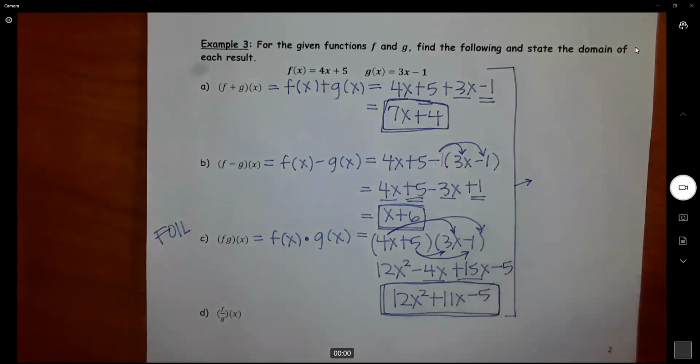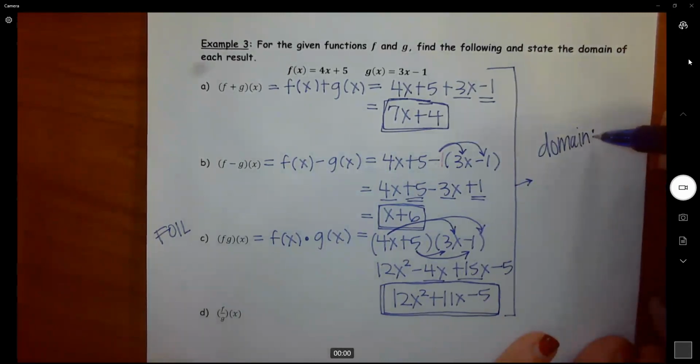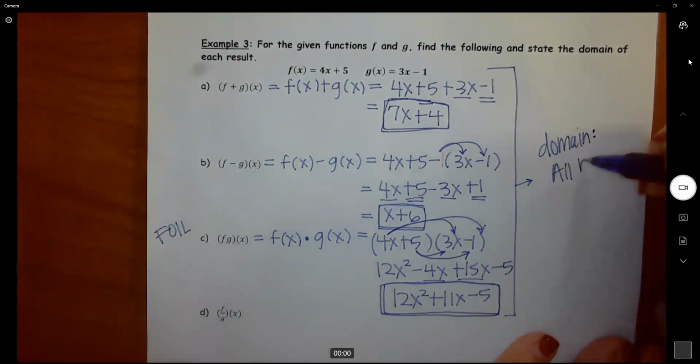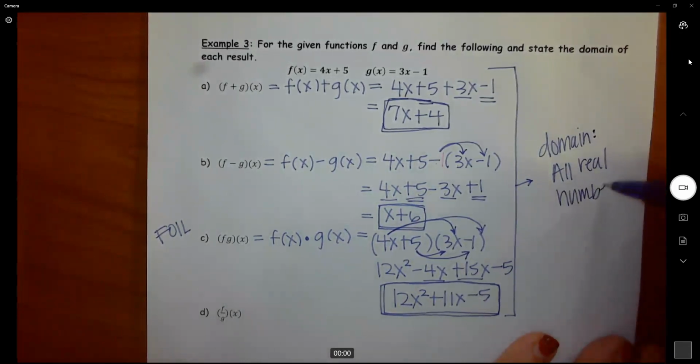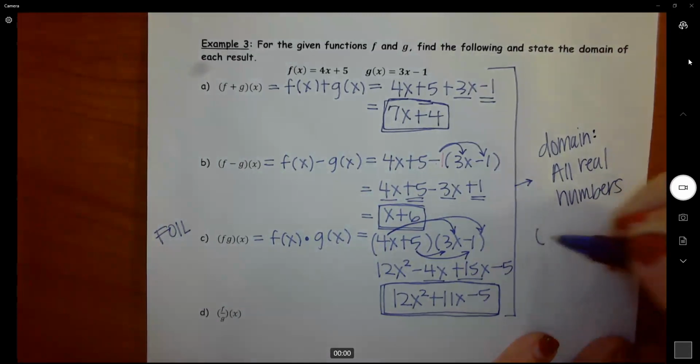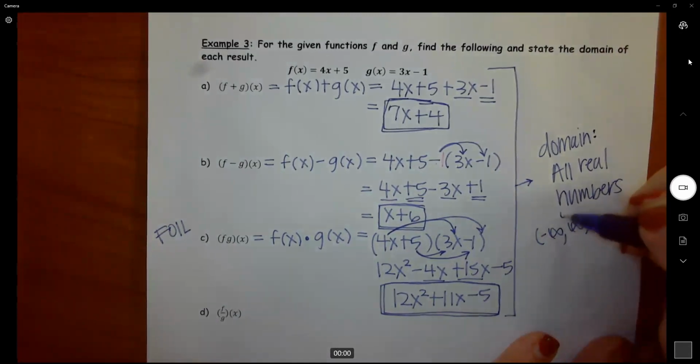So if my 2 rules have no chance of being violated, then my domain is all real numbers, or negative infinity to infinity.